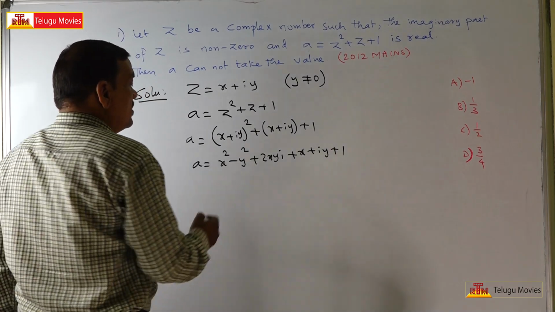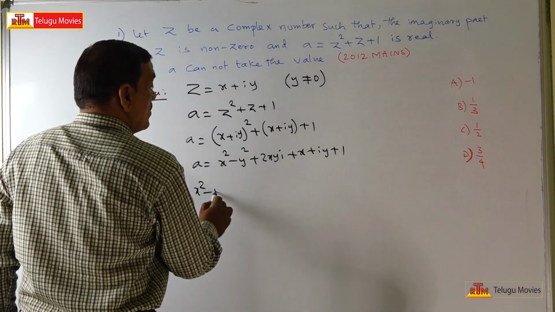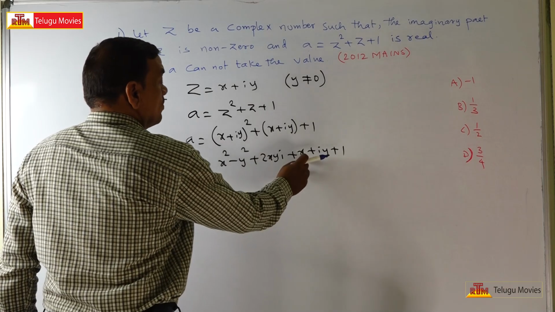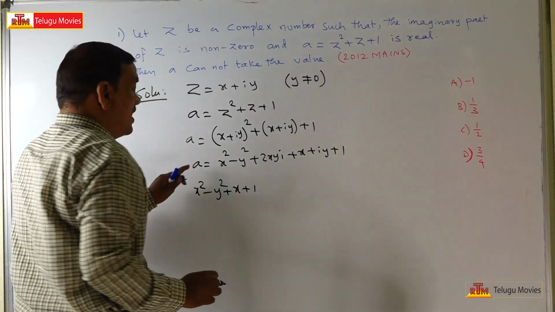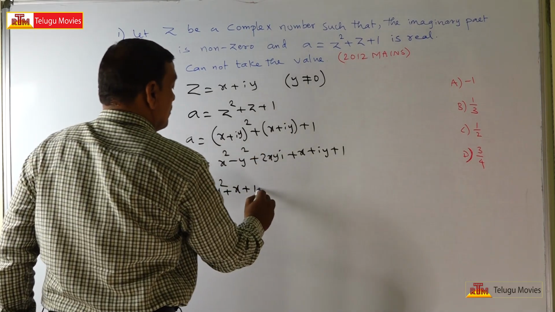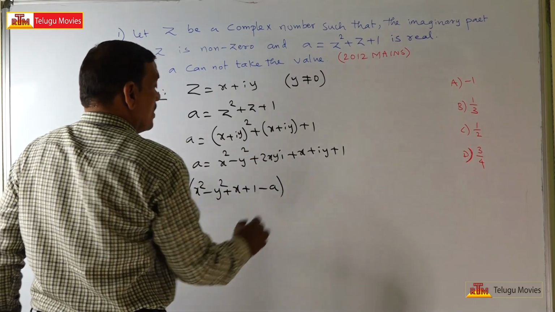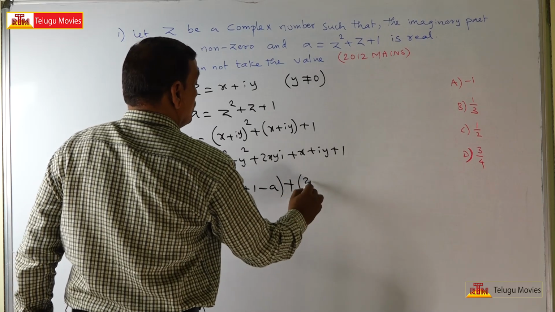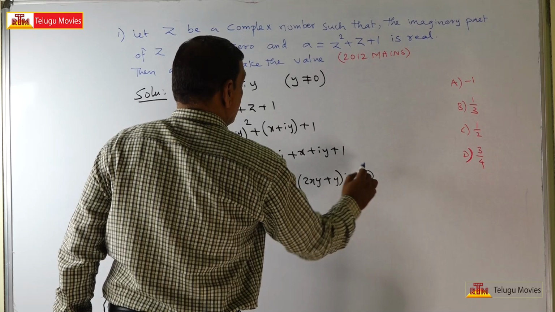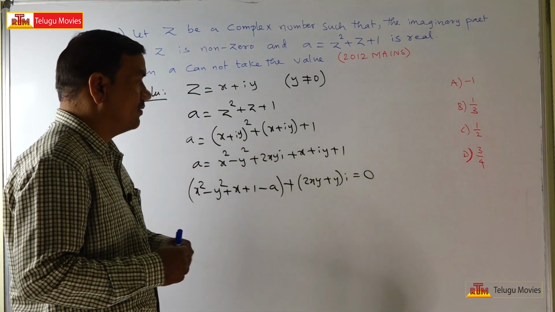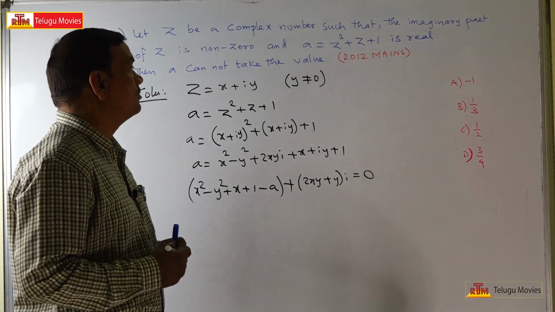So this can be written as X square minus Y square plus X plus 1 minus A, plus 2XY plus Y times i is equal to 0, that is 0 plus i0.